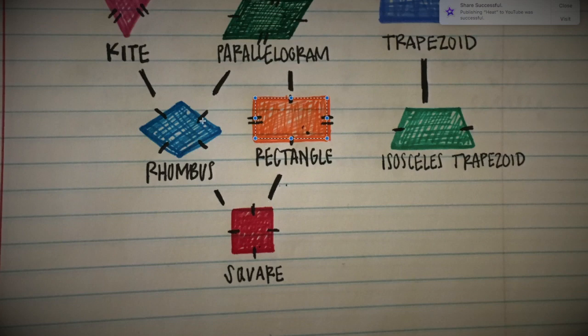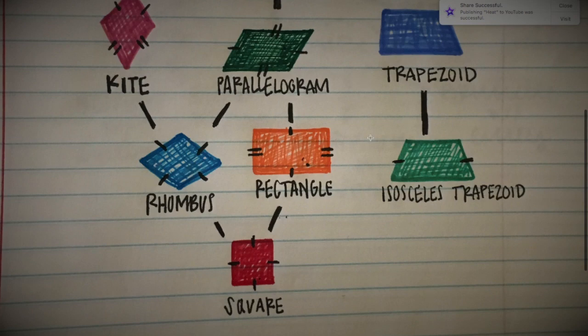Our rectangles have 90-degree angles or right angles, but our rhombus has sides that are the same length. All four sides are the same length, which makes it unique of being a rhombus. So our square meets all of these qualifications, making it fall under all of these umbrellas.